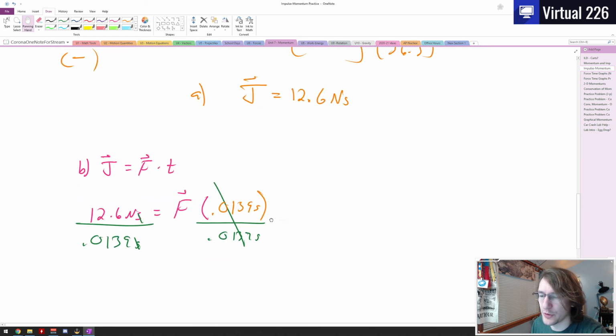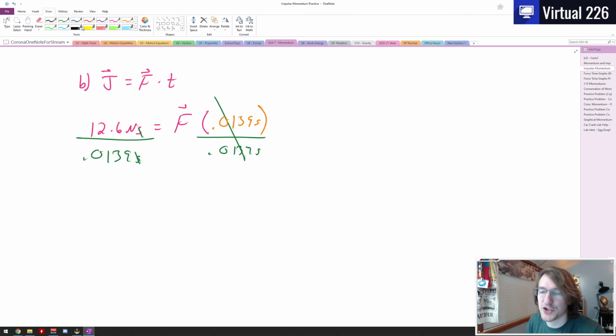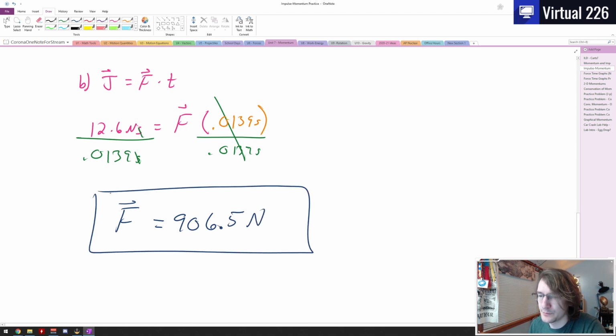Our force will be in newtons. Since we're dividing by a decimal, we're going to get a larger number. So 12.6 divided by 0.0139 gives us a force equal to 906.5 newtons. And that's it. That's how you go about this problem.